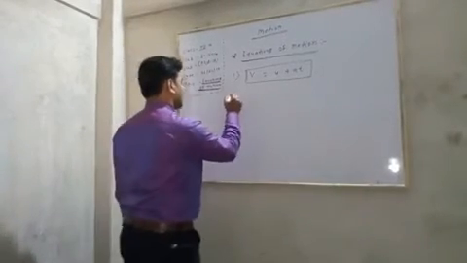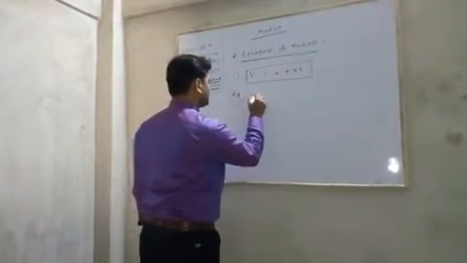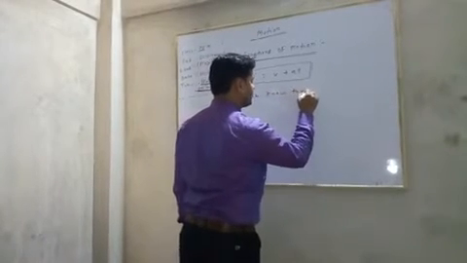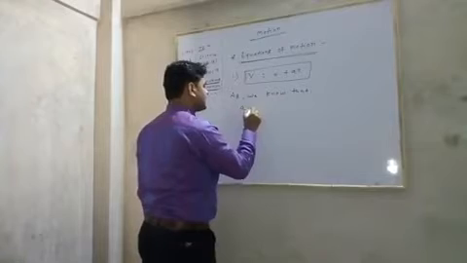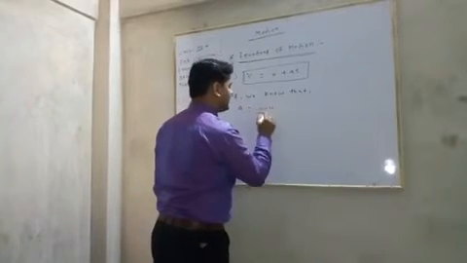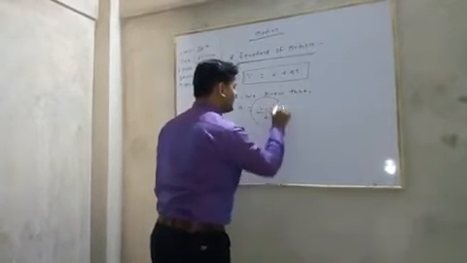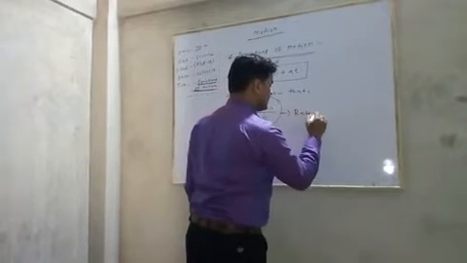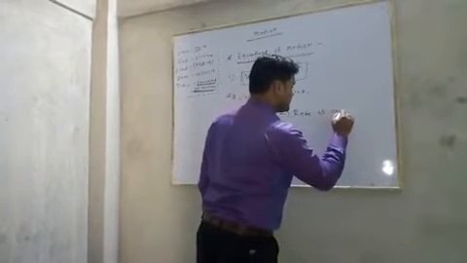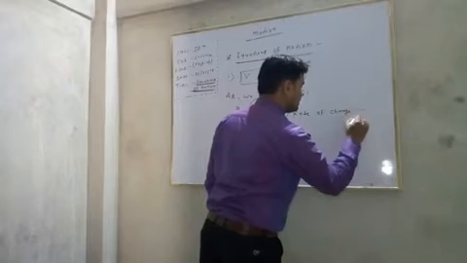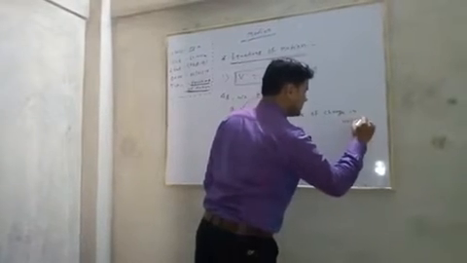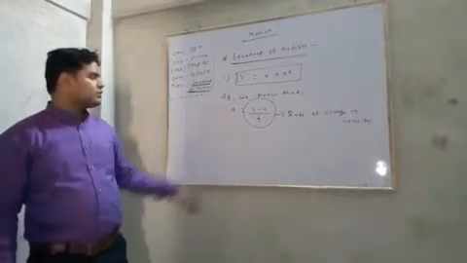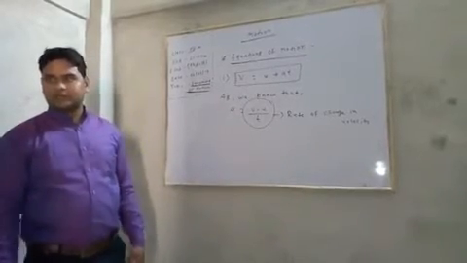Then, as we know that acceleration is equal to v minus u by t. V minus u by t is the rate of change in velocity. We know it very well. Yes, sir. The rate of change in velocity is known as acceleration.